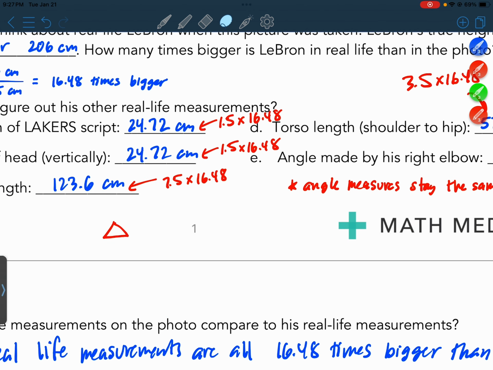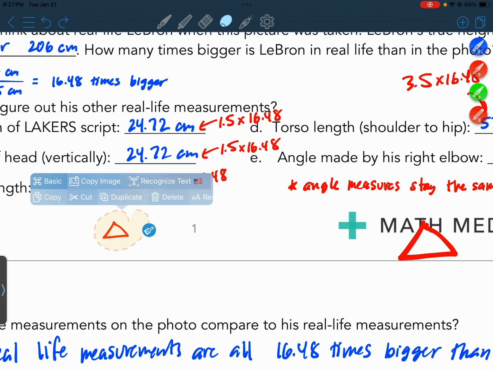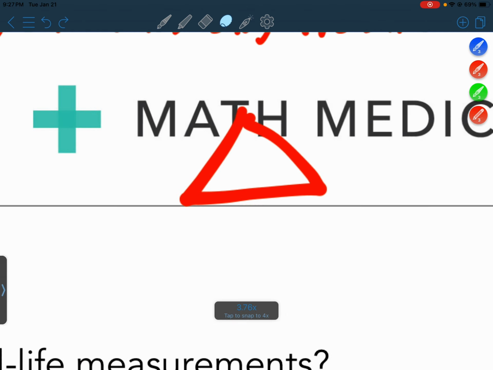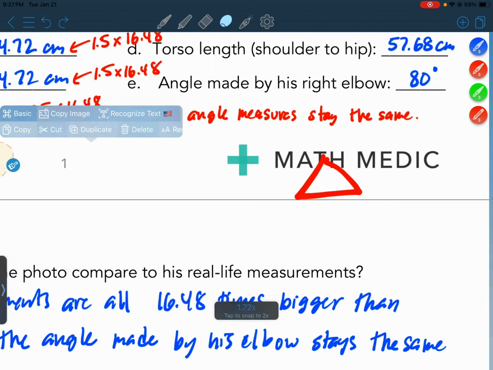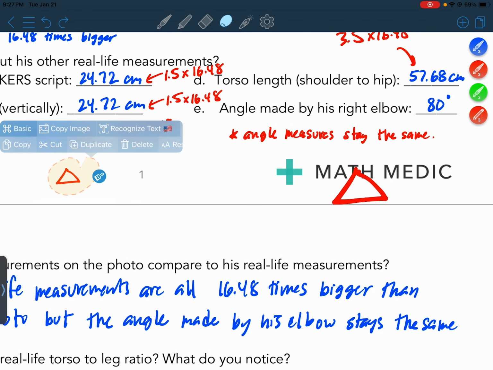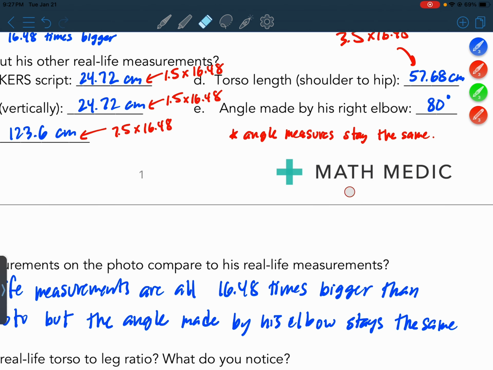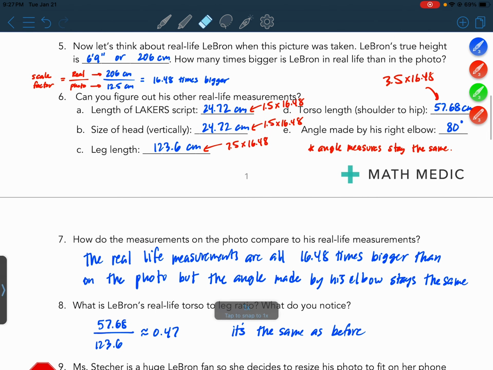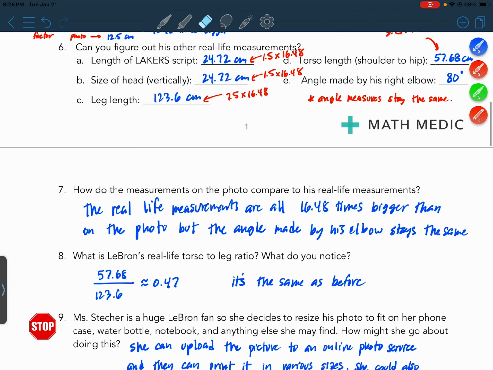Let's try that again. Oh, there, it's over there. So this other triangle, its magic number is still 180. Just because it's bigger doesn't mean its angles all of a sudden got bigger. So that was the point I was trying to make. All right, flip over to the second page and we'll talk about questions 7 and 8.